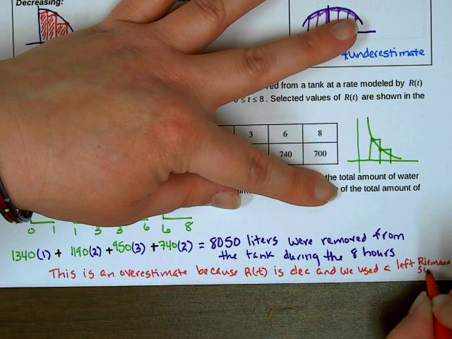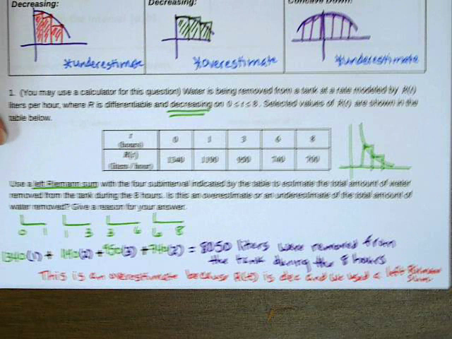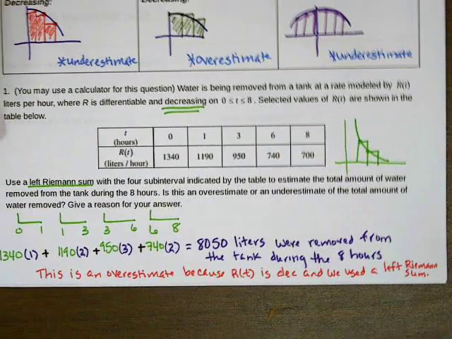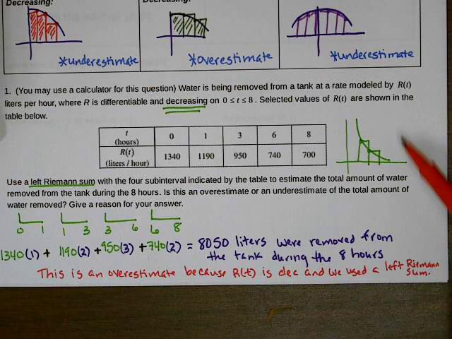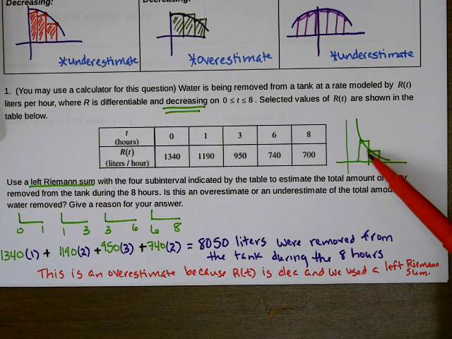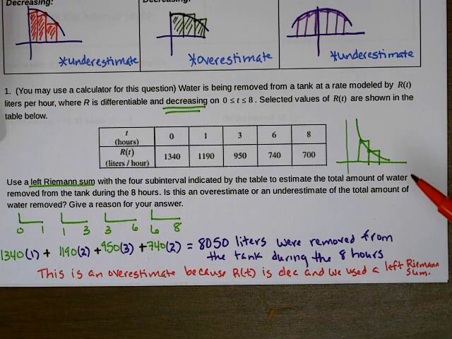Sorry, I know I didn't leave myself enough room there to really write it. Hopefully you guys left yourselves a little bit more room. So we got 8,050 liters was removed. This is an overestimate because r of t is decreasing, and we used a left Riemann sum. So if we look at our picture here, we can clearly see that the area we found is over the actual function.